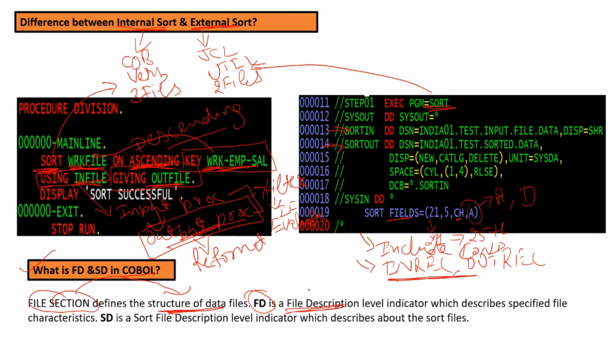It defines the characteristics of the file, and I will tell how it defines that. And SD is the sort file description, meaning it is used for defining the characteristics of the sort file or the temporary file.